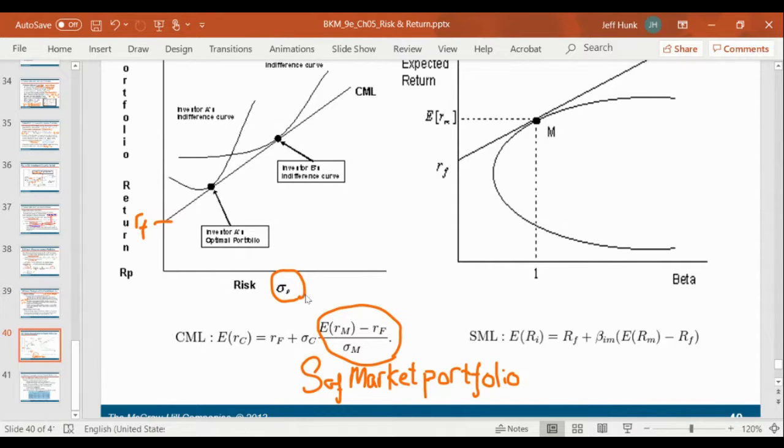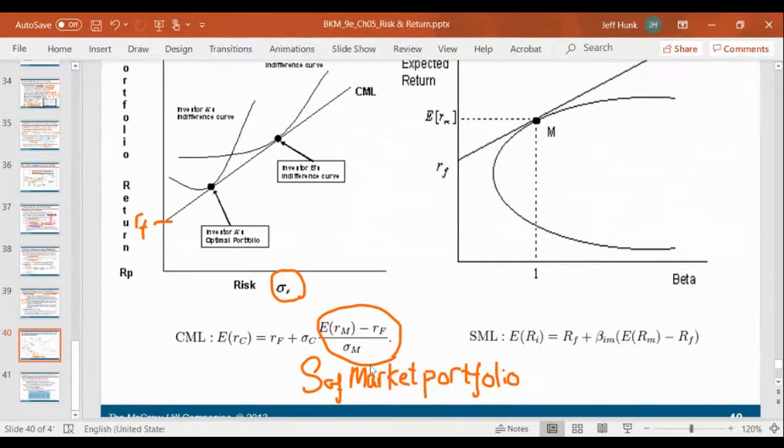So this is like y and this is like x. It's an equation in the standard deviation of the complete portfolio. And we know what this is. This is the Sharpe ratio.